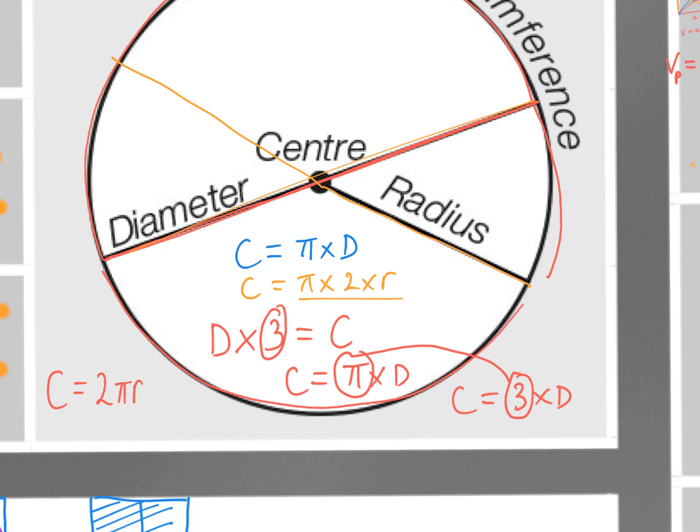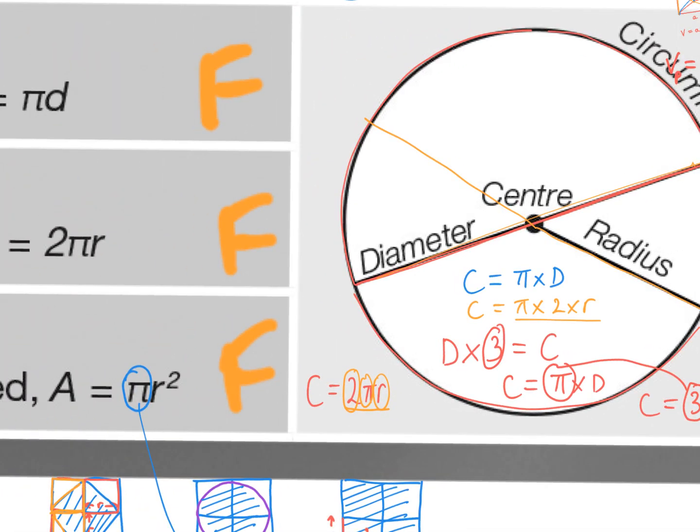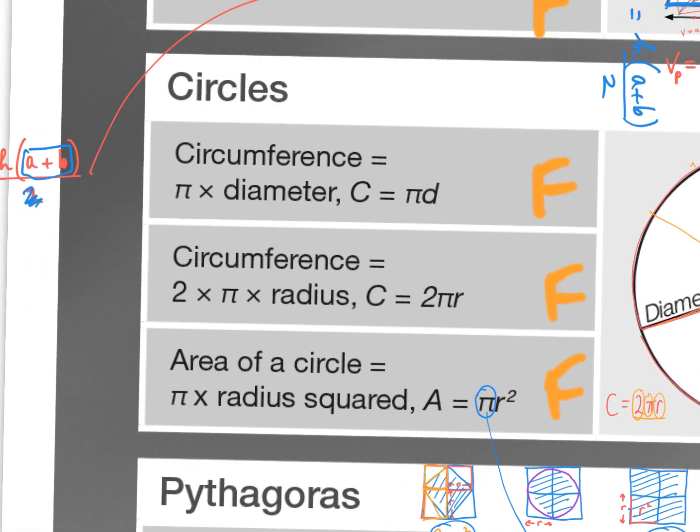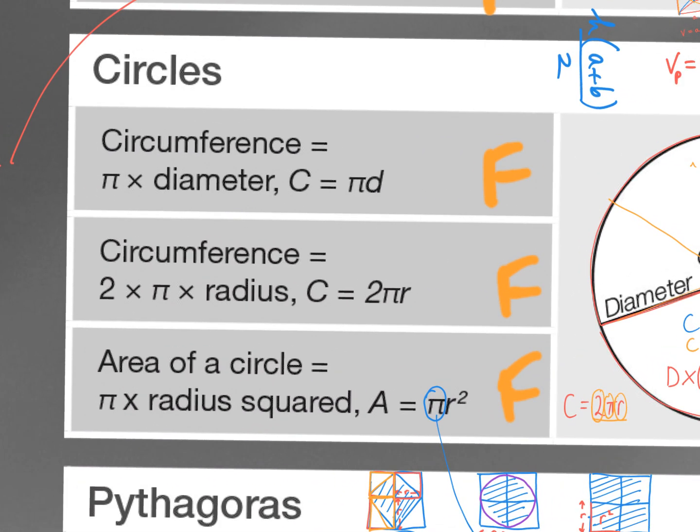So you can just write it as pi times 2 times r, and multiplication can be done in any order, hence 2 times pi times r, or 2 pi r. Okay, so that's the circumference and the area done. Now, it does have this one actually, so it has pi times the diameter, and that's really good. So there's those 3 done.